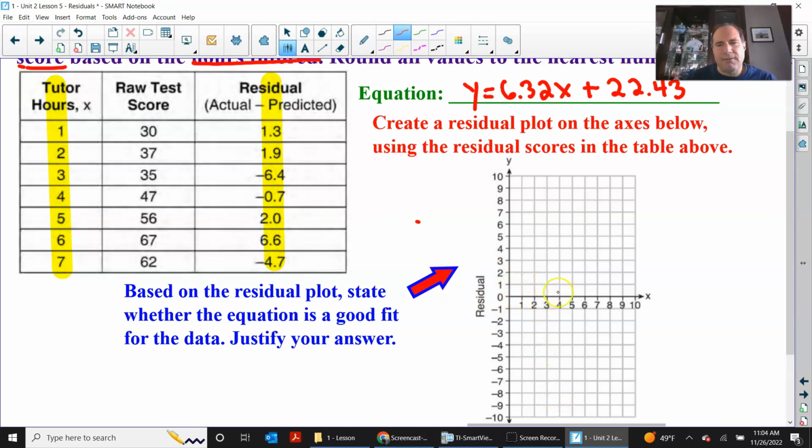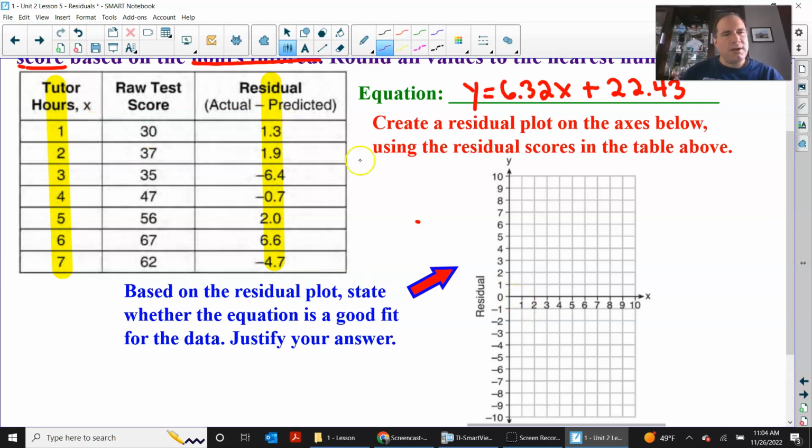If the numbers weren't there, just remember you have tutored hours. You're going to go by ones on the x-axis because you have to cover up to at least 7. And the residual goes to negative 6.4, 6.6, so going up by ones makes sense for this.